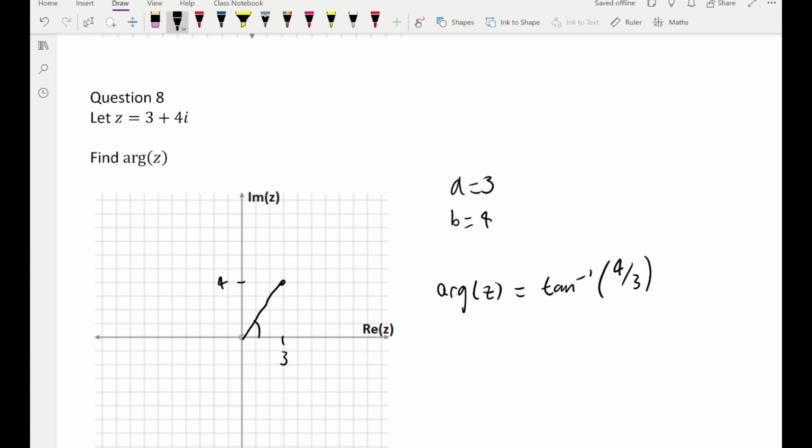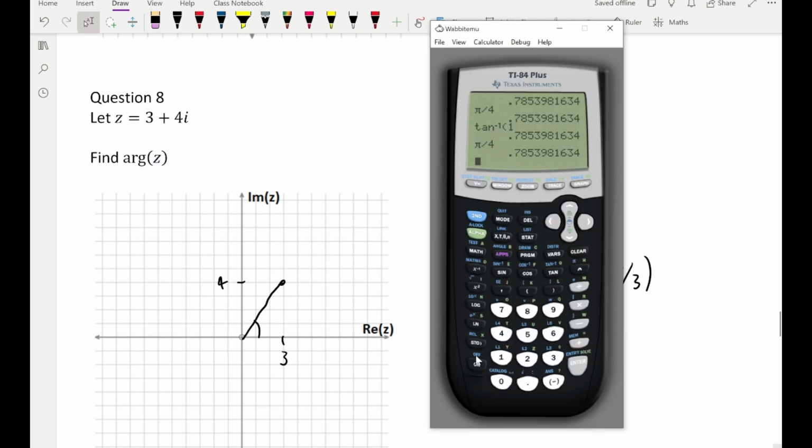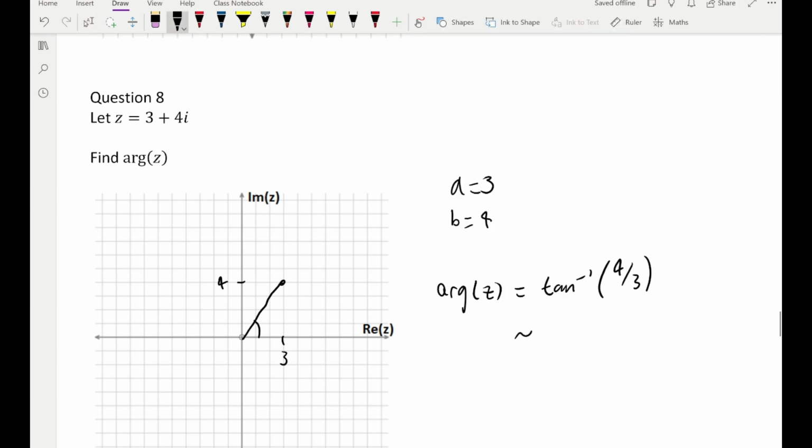Now try all you want, you won't find 4 over 3 on your trig table. So we're going to have to do this approximately. Inverse tan of 4 over 3. Make sure your calculator is in radians. 0.927. And we put a little c up there to show we're in radians. Great.